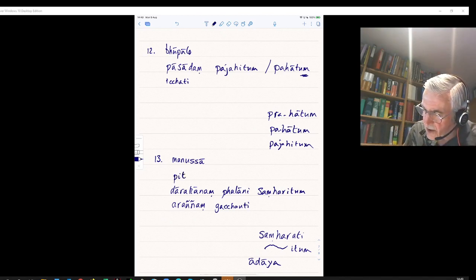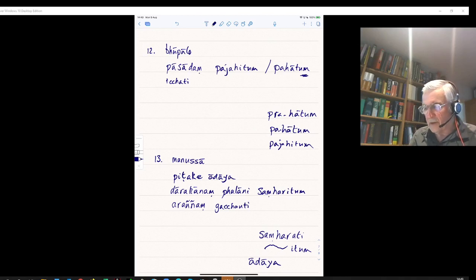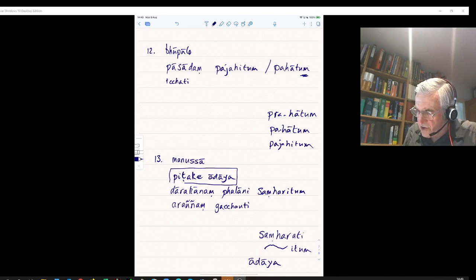So manusa pitake adaya aranyam gachanti. Now, if you see this phrase here, pitake adaya, literally having taken baskets, but you'll often see this used in Pali, it just means the men go with baskets.